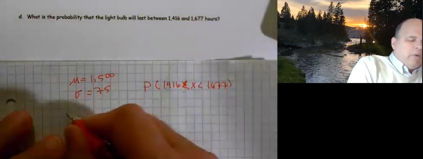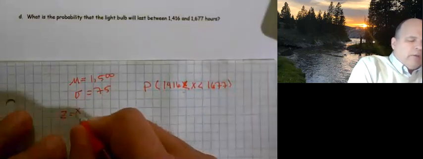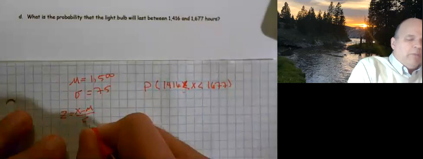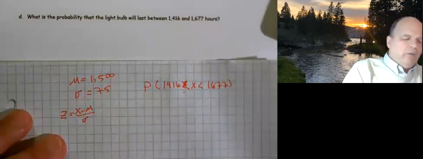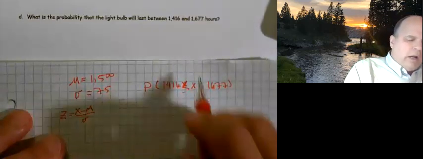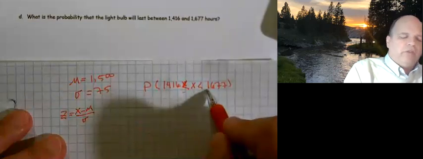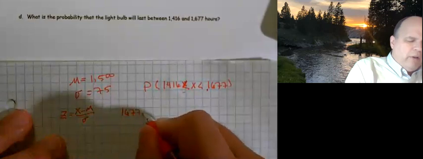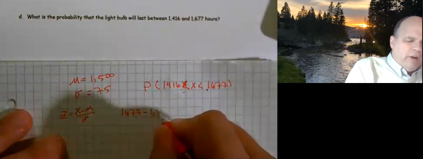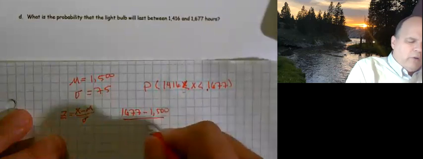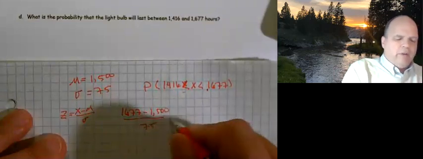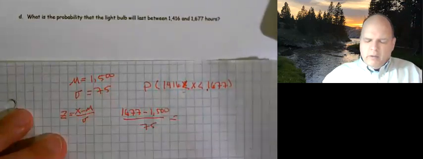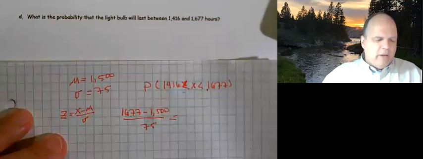So once again, Z equals X minus mu over sigma. So plugging in, and I always start with the larger value, which is 1677. So 1677 minus the 1,500 over 75. 1677 minus 1,500 divided by 75.